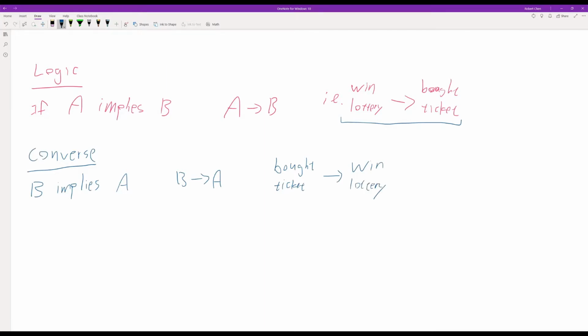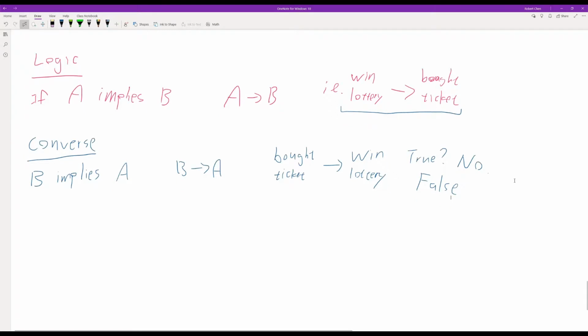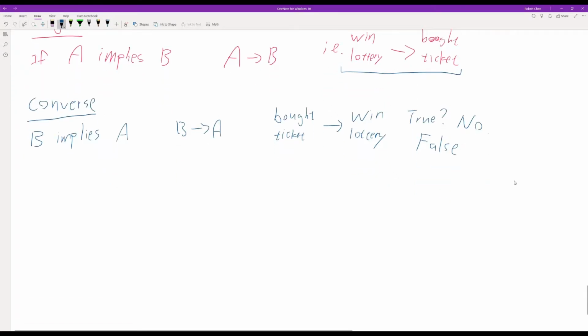Now, is this always true? No, right? Most of the time you don't win, so this is a false statement. We cannot say that if you bought a ticket, then you win the lottery. Then everyone else would buy the ticket, right? Why not? Then I don't have to work, and you don't have to go to school. No, I mean, still stay in school even if you win the lottery.